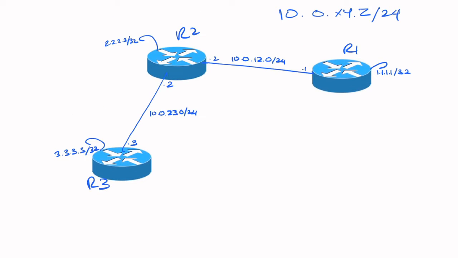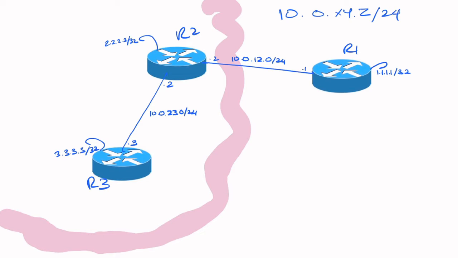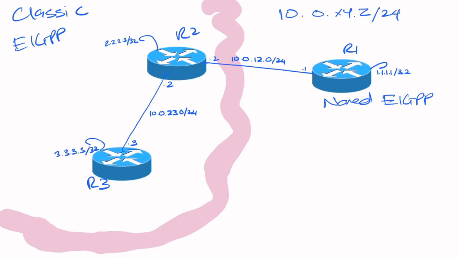In this lab, this side is going to be running Classic EIGRP, and R1 is going to be in Named EIGRP. The first thing we're going to do is configure R2 and R3, because that's considered to be the legacy segment of the network.